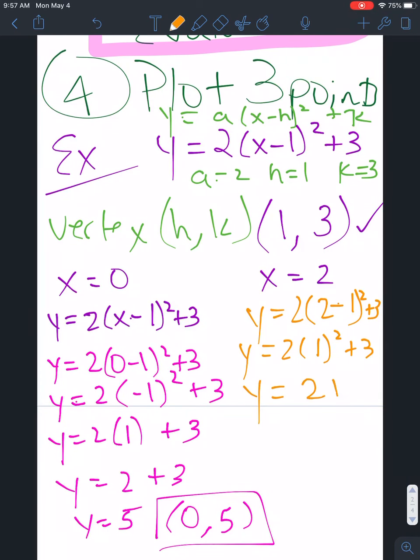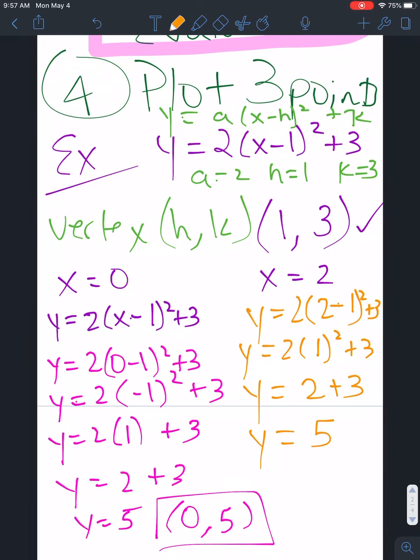So I'm going to skip a step and say that's just 2 plus 3. So I exponentiated and multiplied in one step. That's okay, as long as you do them in order. I exponentiated first, 1 squared is 1, then I multiplied. 1 times 2 is 2.